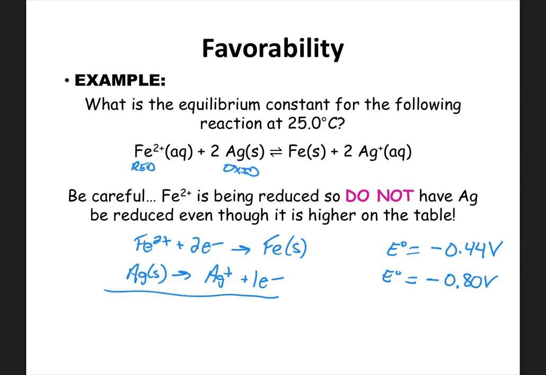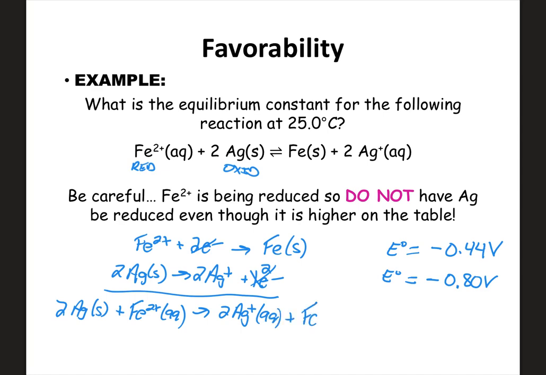I do have to write my overall balanced equation just to confirm the number of electrons. If you look, I'm going to have to multiply the silver by 2 in order to make the electrons cancel. Then everything else should be good. Once I cancel out my electrons, I get 2Ag solid plus Fe2+ aqueous going to 2Ag+ aqueous plus the Fe solid.